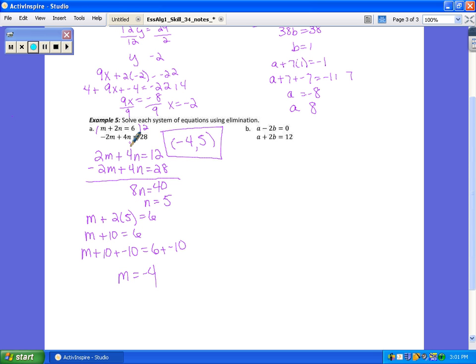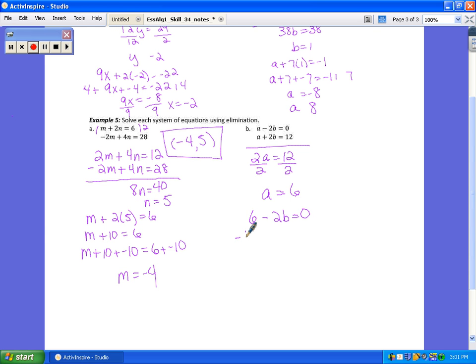The last problem is one of the easier ones again. All I have to do is add down. So I get 2a equals 12. Divide both sides by 2. a equals 6. Then I'm going to put that in either equation, and I'm going to choose to put it in the top one. So 6 minus 2b equals 0.